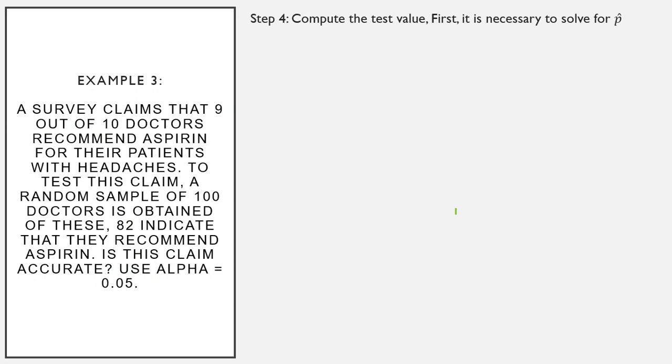Step number 4, compute the test value. But before that, we're going to solve first the sample proportion and then the letter Q. Sample proportion, 82 divided by 100, that is 0.82. So yan yung sample proportion natin. And then for letter Q, 1 minus 0.9, that will be 0.1.